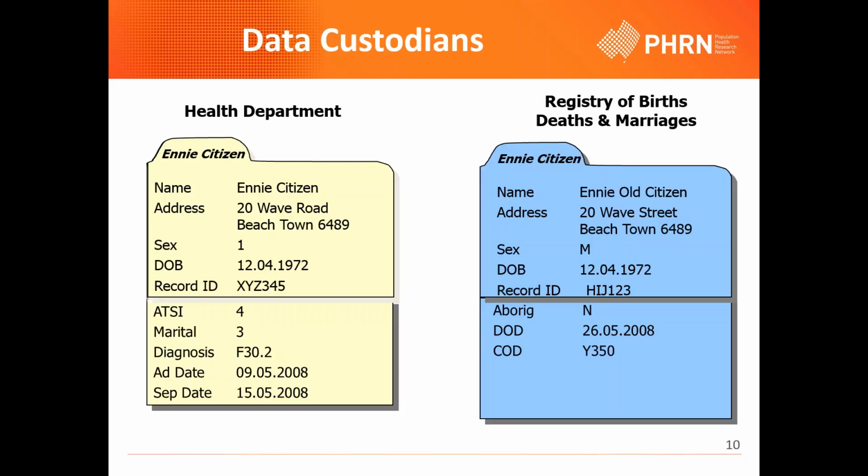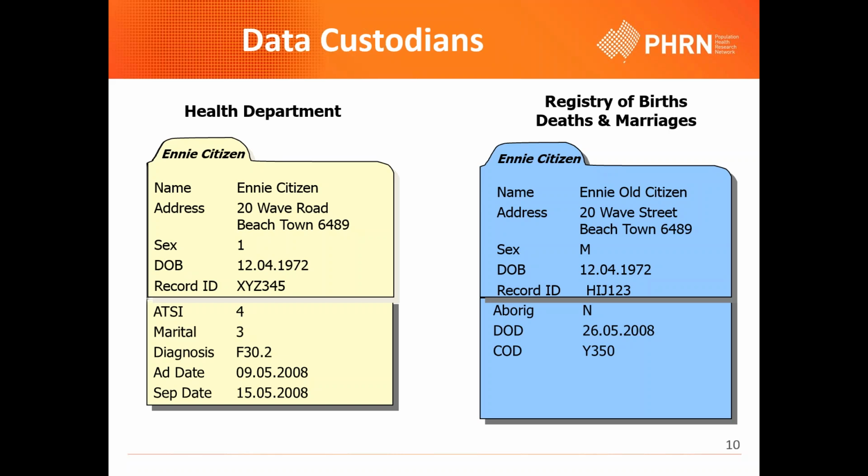And here's an example of one record which is held by each of these data custodians. On the left you can see the health department record, and you'll see that the person whose record it is is called Any Citizen, and on the right-hand side you can see a death record, and the name is similar, although in the death record there's a middle name.